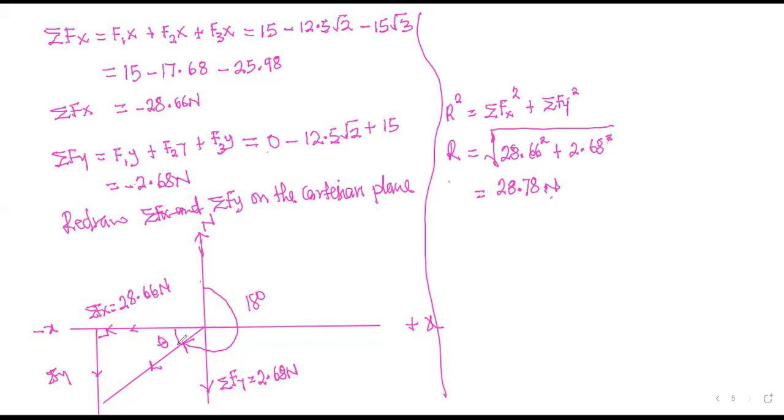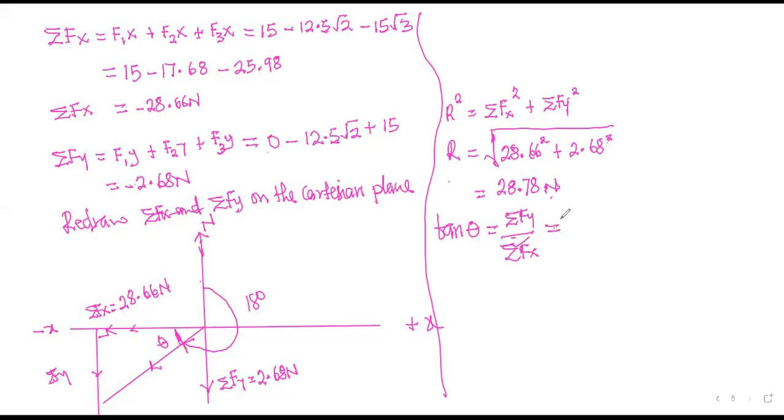If I could determine this, I can subtract this from 90 to get the direction from the north. So let's first determine theta. Once we have the opposite, we have the adjacent. Tan of theta is equal to the opposite, which is summation f of y over summation f of x.